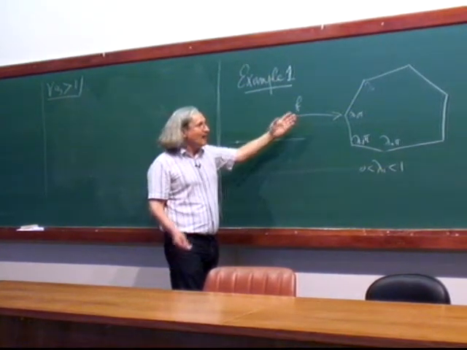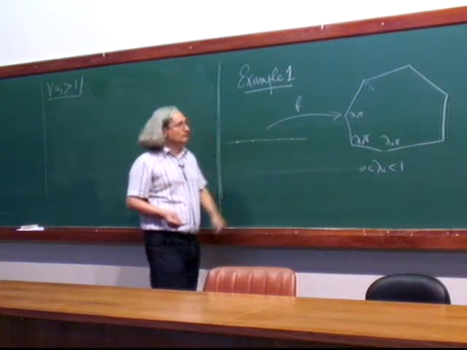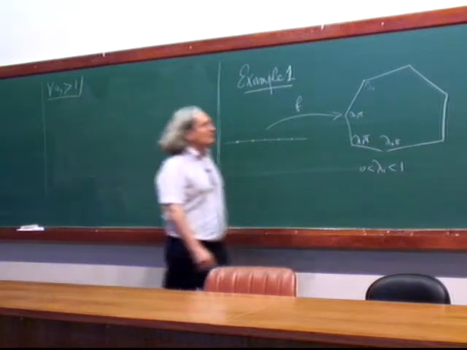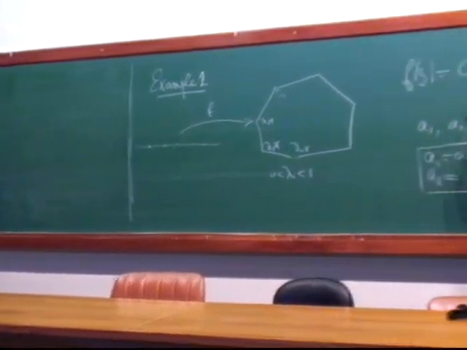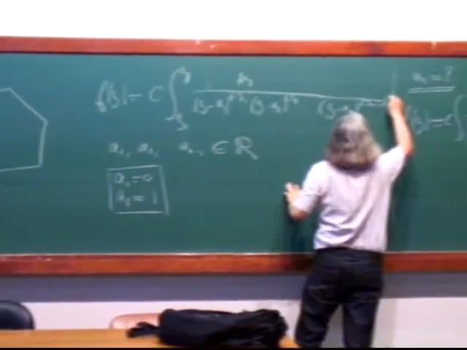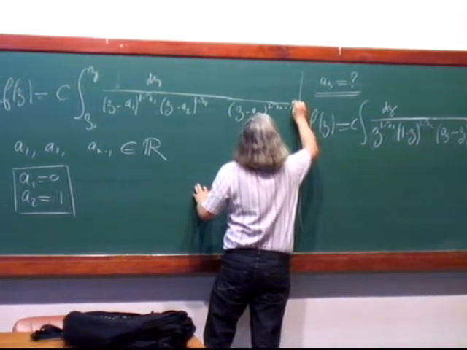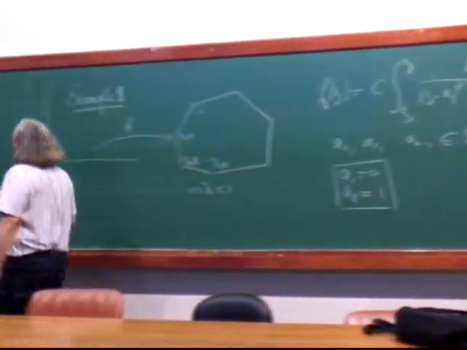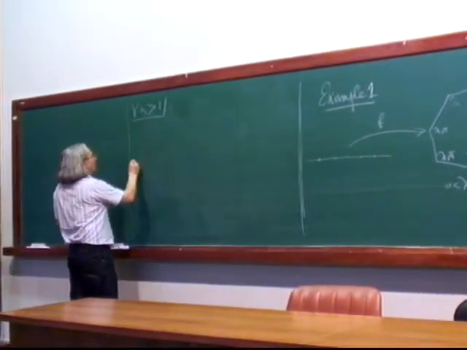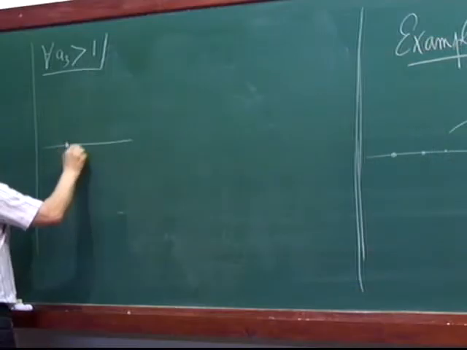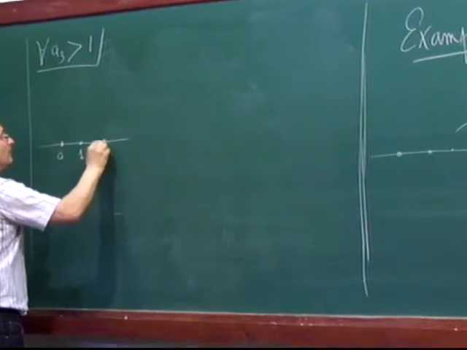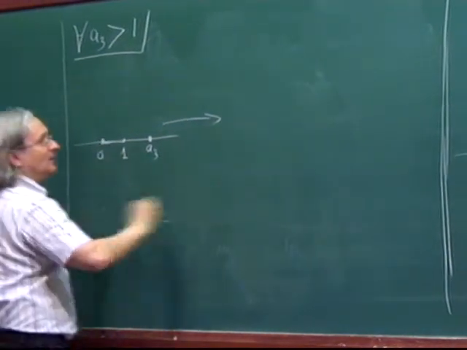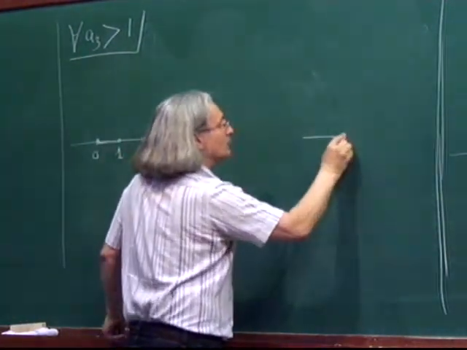And this polygon has the right angles. Now, you can choose C, and maybe I should add here a constant translation tau. And you can always assume that 0, 1, A3, this side is going to 0, 1, say.